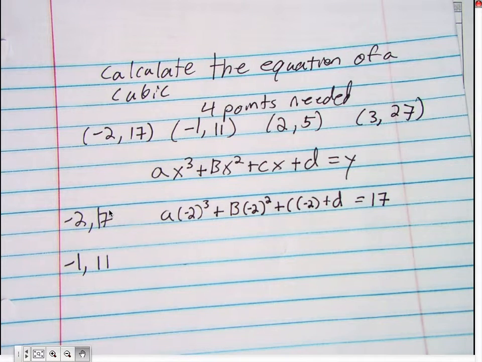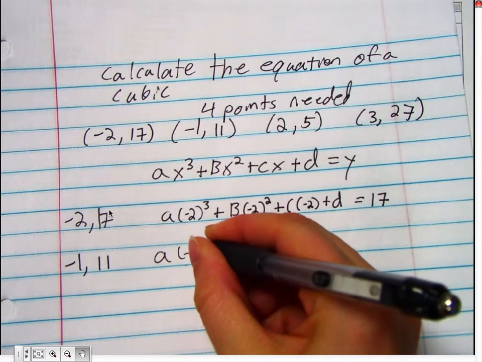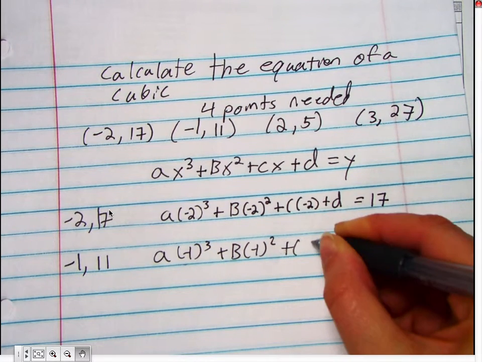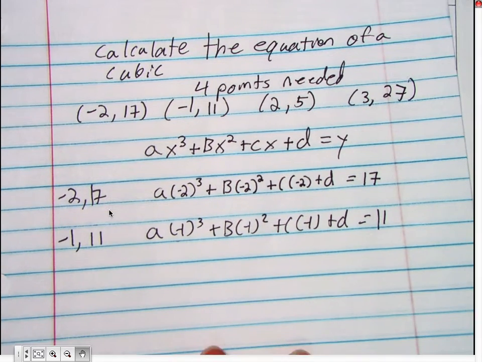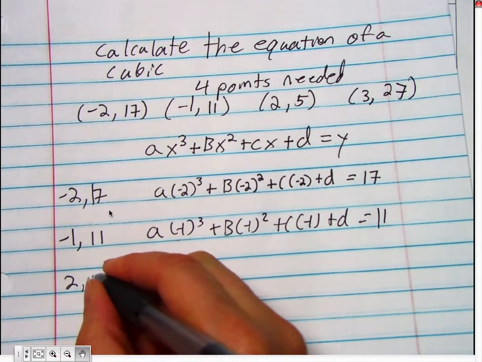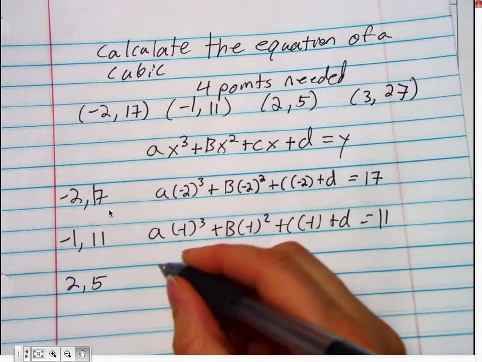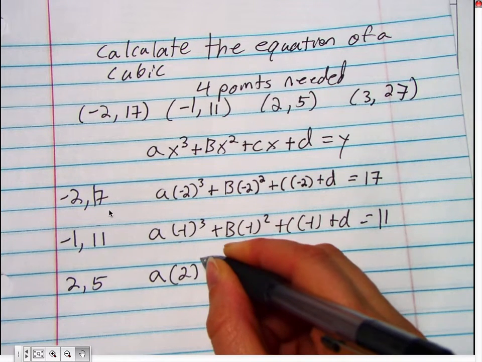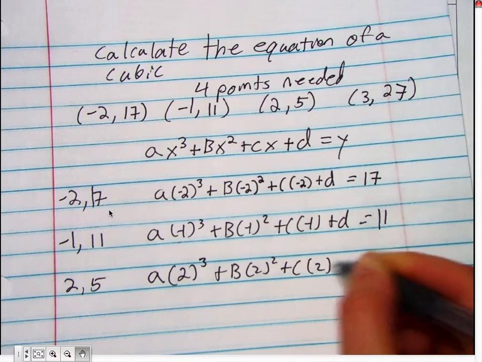Okay, who wants to do the next one? Abigail, go. A times negative 1 cubed plus B times negative 1 squared plus C times negative 1 plus D equals 11. Beautiful. All right. 2, 5. Who wants to do this one? Maya. Yes. Go, Maya. A times 2 cubed plus B times 2 squared plus C times 2 plus D equals 5.